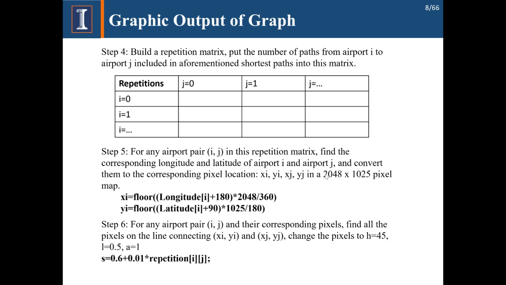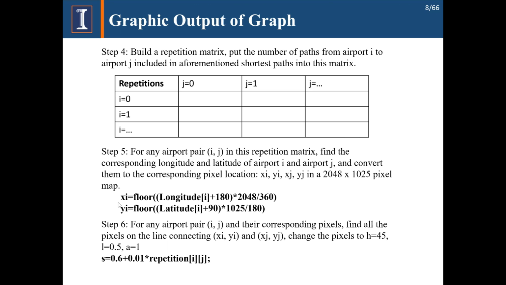This size is based on the input map we provided. Using these functions, we convert the longitude of airport I to xi, the horizontal location of airport I in this map, and the latitude to a vertical location in this pixel map.